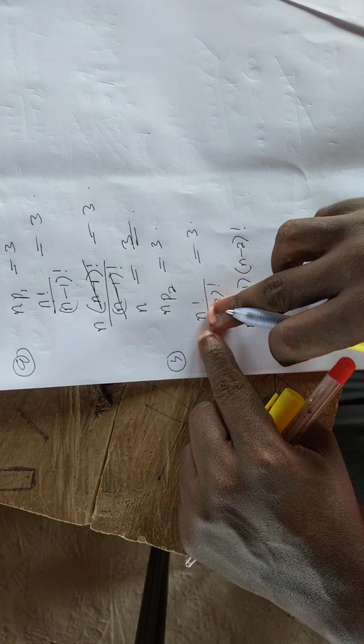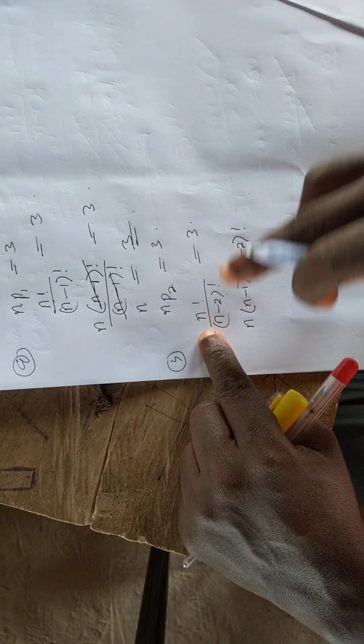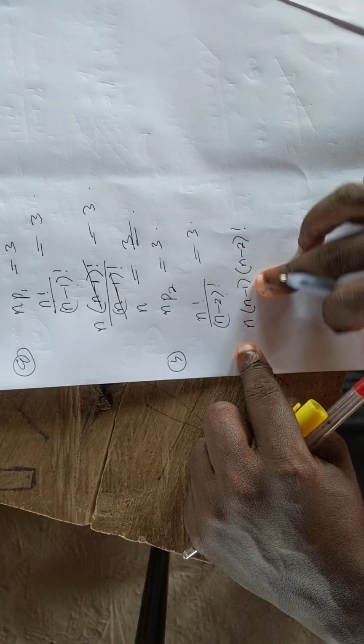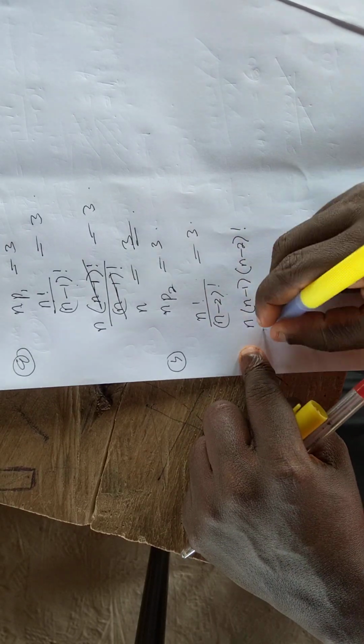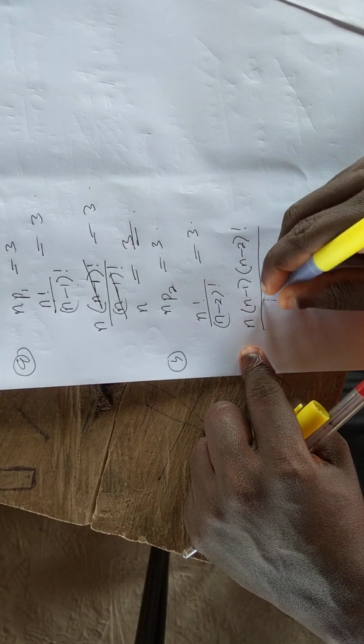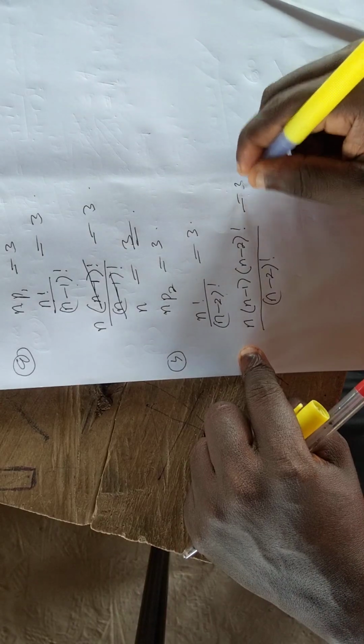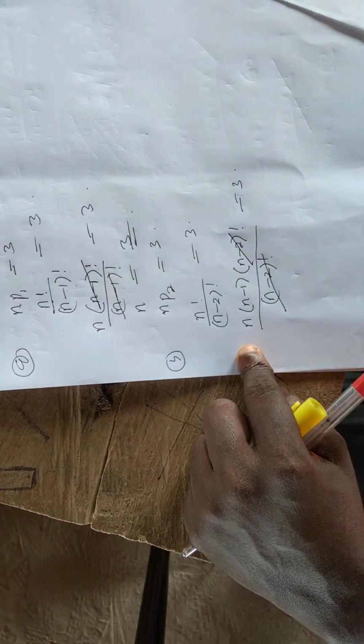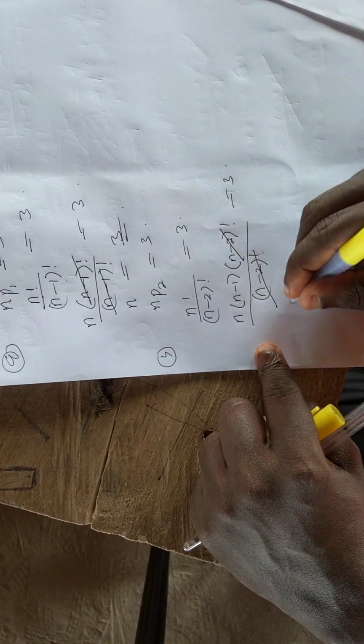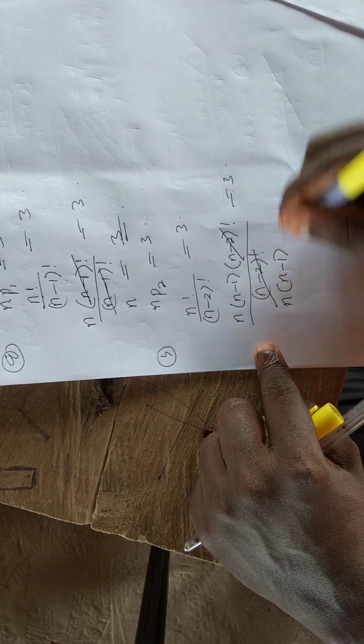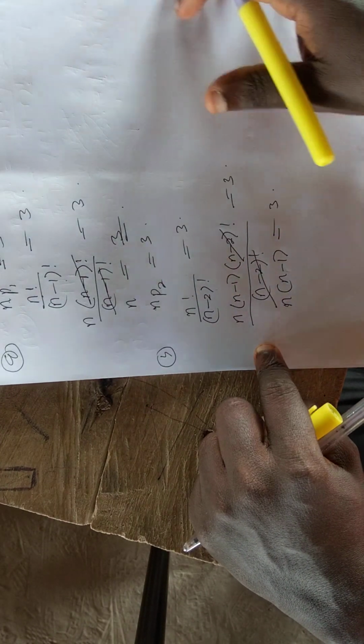So you start from the first number, n into n minus 1 into n minus 2 factorial over n minus 2 factorial equals 3. So this will cancel this. So we are left with n into n minus 1 equals 3.